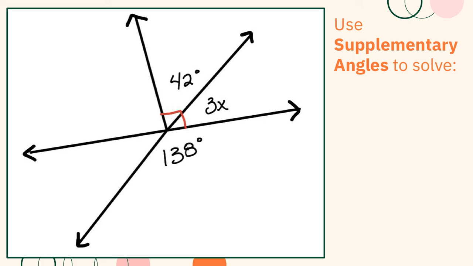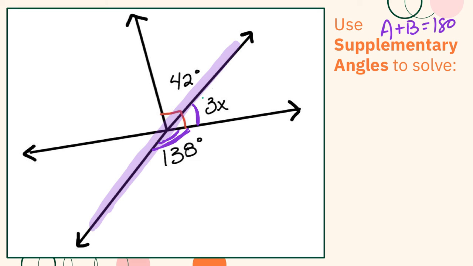So now we're going to take the same problem and we're going to use supplementary angles to solve. When I have supplementary angles, A plus B equals 180. So I'm looking for where they share a side, they have there on that straight angle, and then together those two angles are going to sum to 180 degrees.